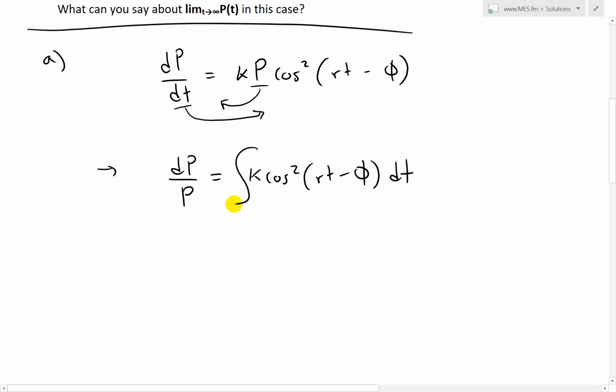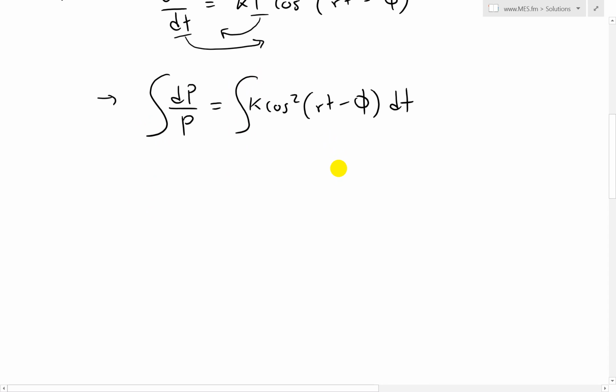Now we can take the integral on both sides. The left side is a pretty standard integral, it's ln absolute value of p. But the right side here isn't as straightforward. You could use a table of integrals, but instead I'll just use a trigonometric identity.